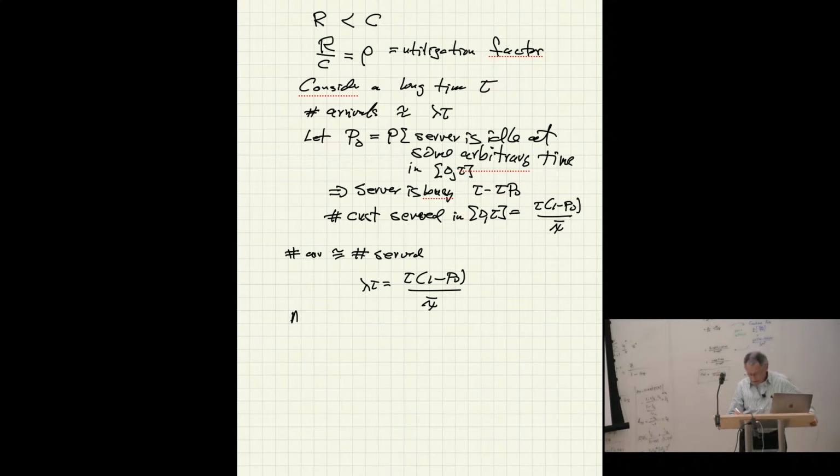As tau goes to infinity, we basically show that lambda x bar is equal to 1 minus p0, which is rho. So again, that's the fraction of the time the server is busy. It's a quantity that's going to occur over and over again.